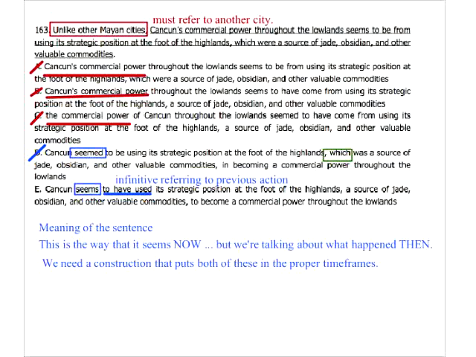Yeah, exactly. This modifier, the highlands were. This modifier needs to be talking about the highlands themselves, because the green modifier needs to recognize the highlands themselves, not the strategic position.